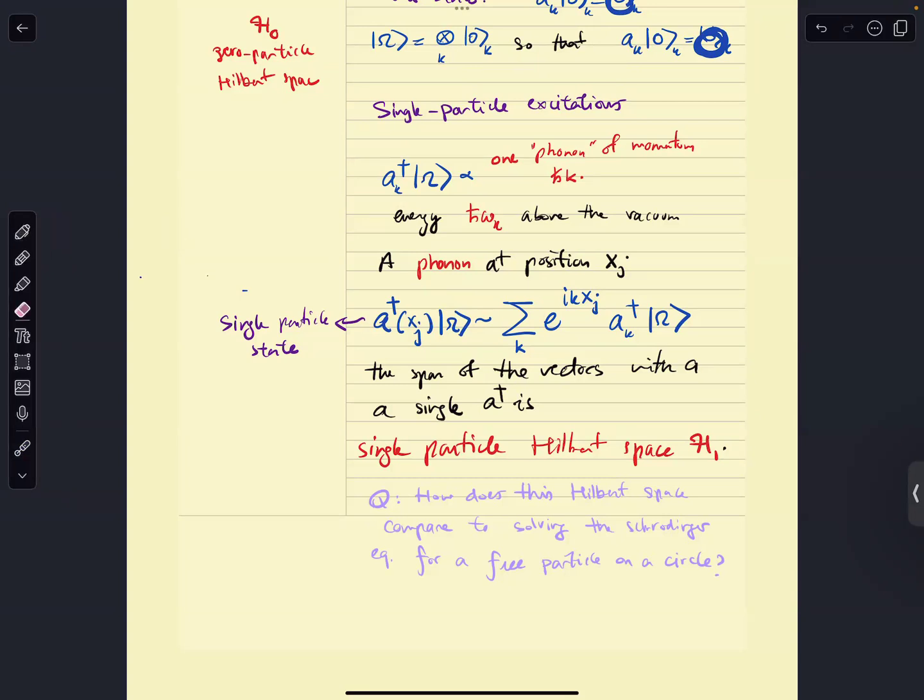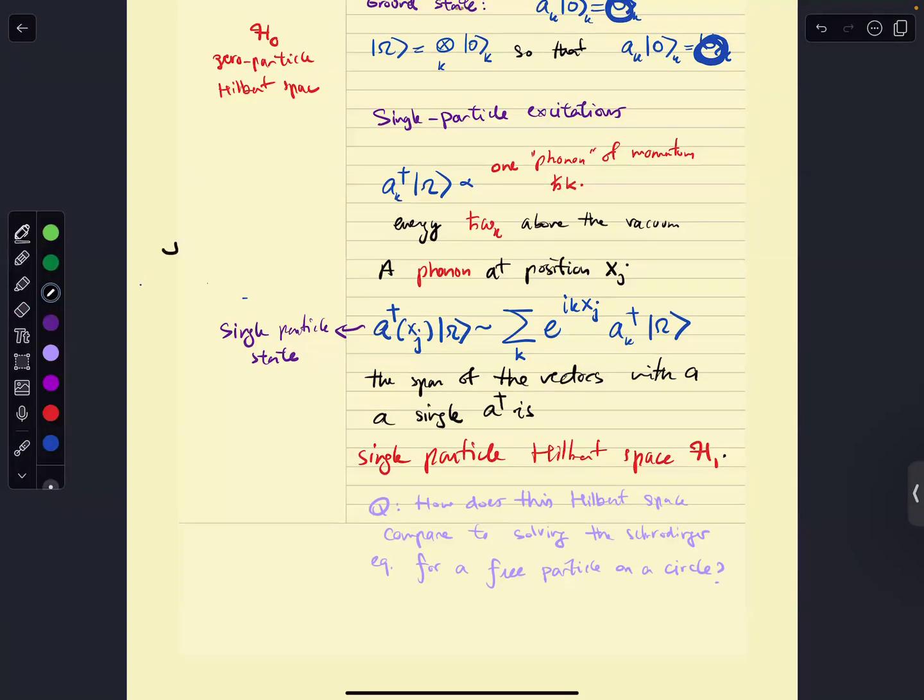No, that's good. Think of psi of x as being an integral, or a sum if it's discrete, over k of e to the power of ikx times psi of k. This is the wave function in momentum space. This is the wave function in position space.